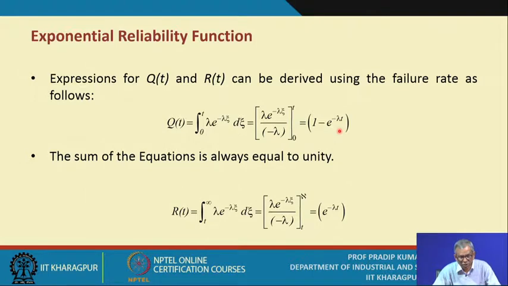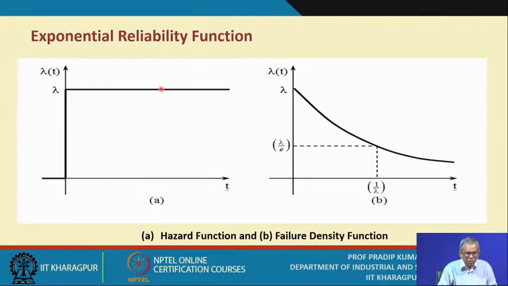This part we have already derived, and the sum of the equations is always equal to unity. So you get R(t) as the integral from t to infinity of lambda e to the power minus lambda t dt. These two expressions you must remember, and then this is the graphical representation, lambda versus t.